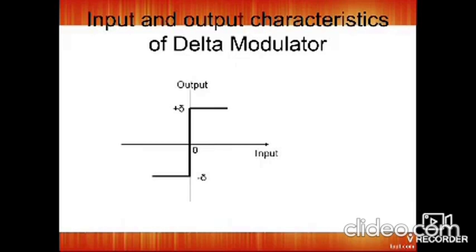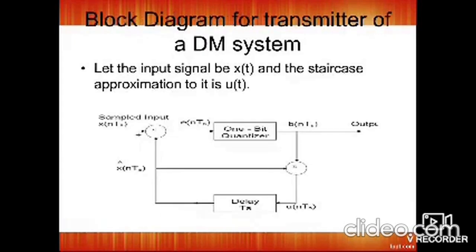This is the basis behind this principle. That is, if 1 is transmitted, we can tell that the step is increased, and if the step is reduced, 0 is transmitted. The principle of delta modulation can be explained by the difference between the input signal and the staircase approximated signal.